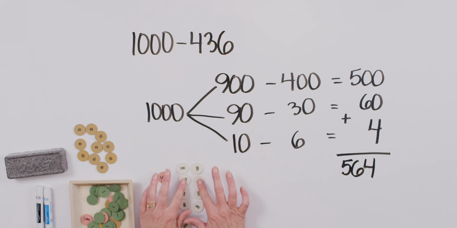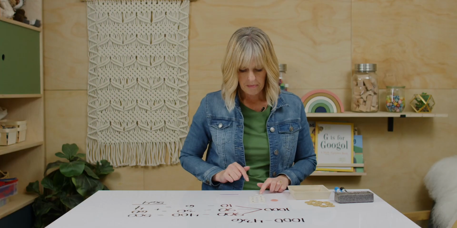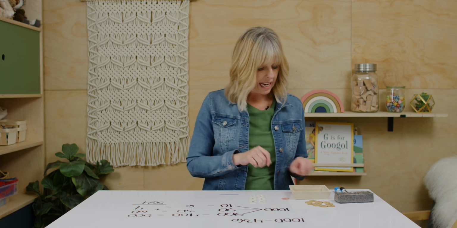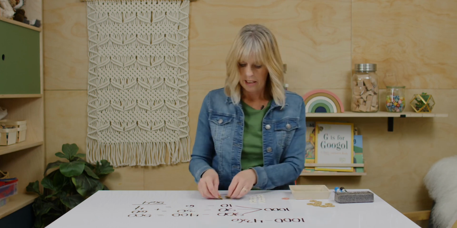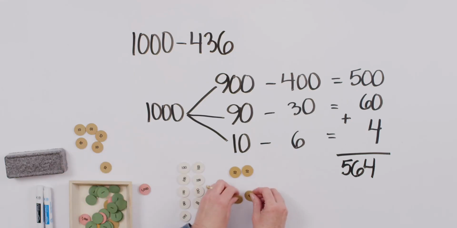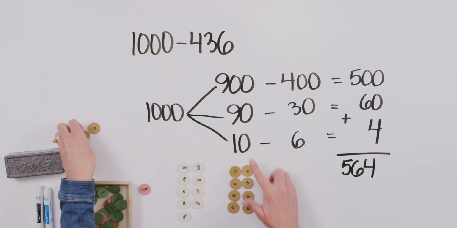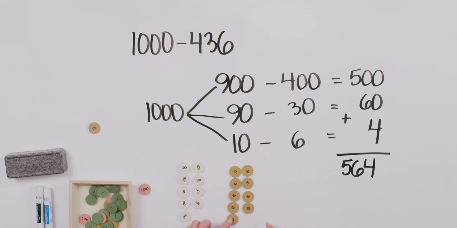Okay, so there's my 900. You can see all that. And then our 90. Let's do 90. Okay, and our last one, we're going to have a 10 over here.